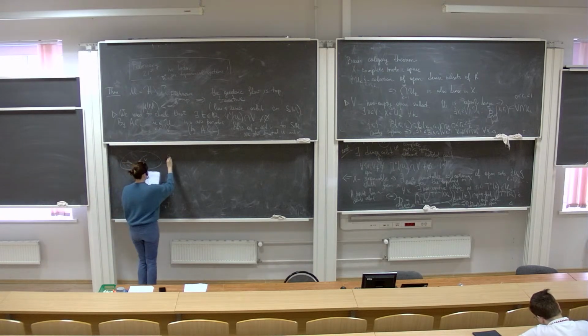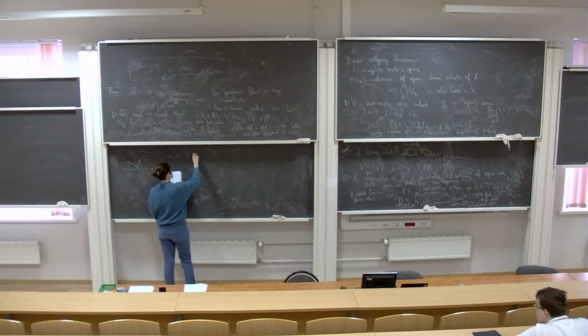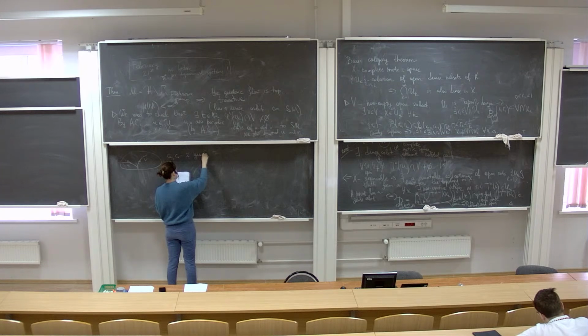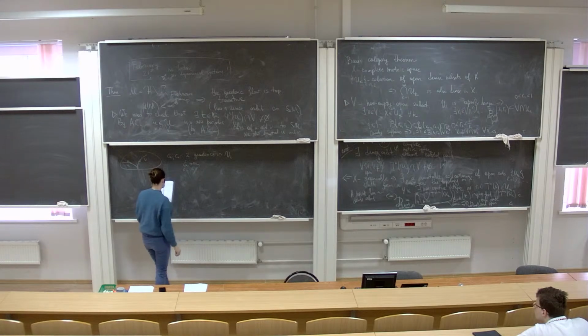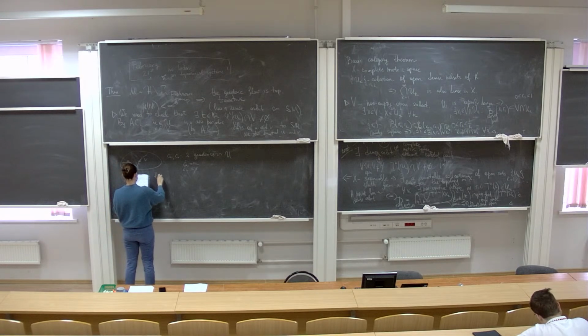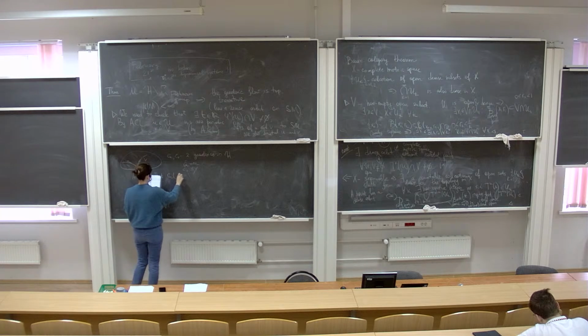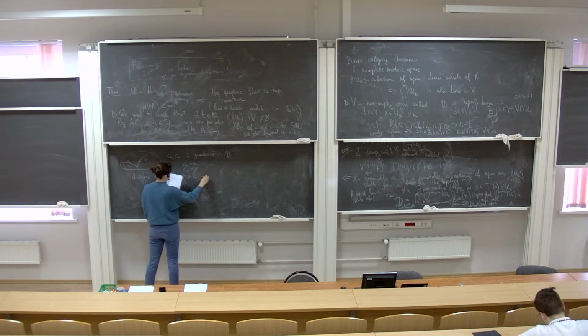So Cu and Cv, they will be two geodesics. We lifted, so they correspond to our points. So now we can assume that Cu minus infinity does not coincide with Cv infinity.